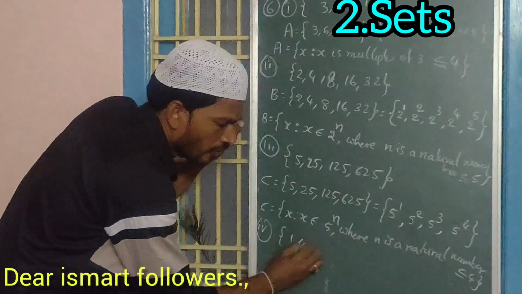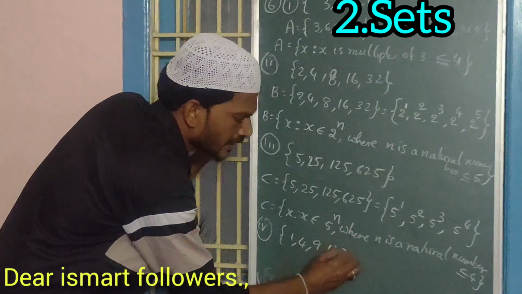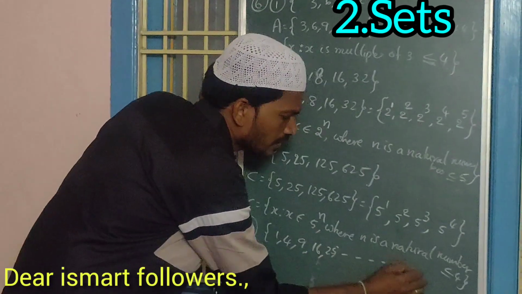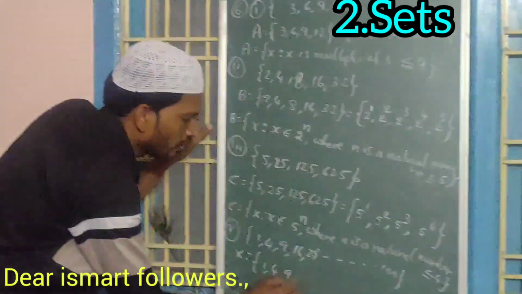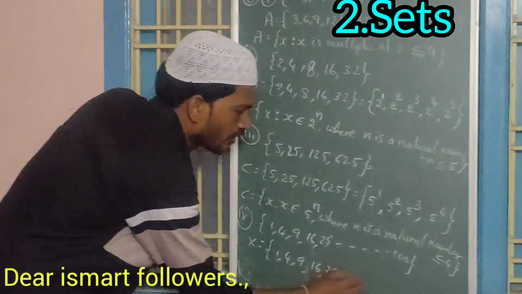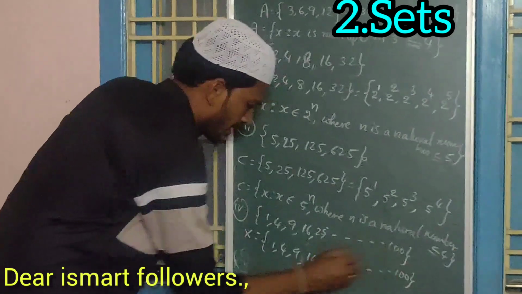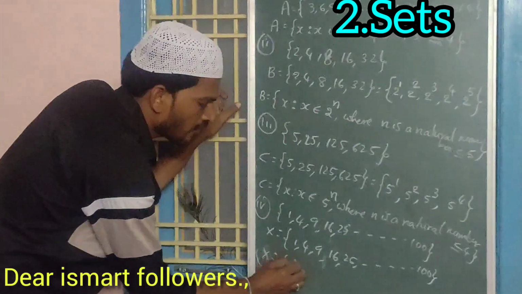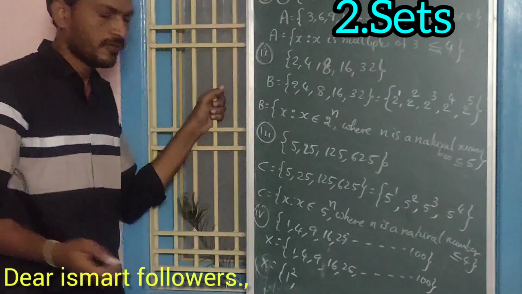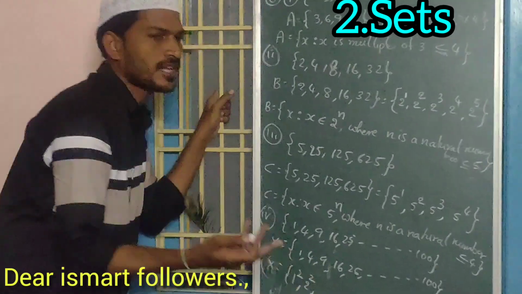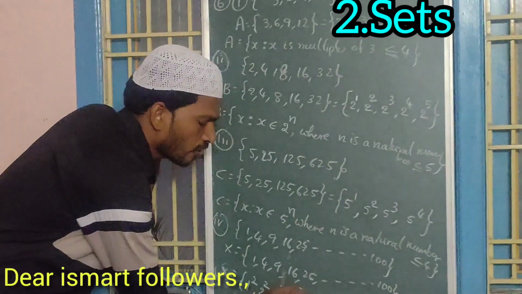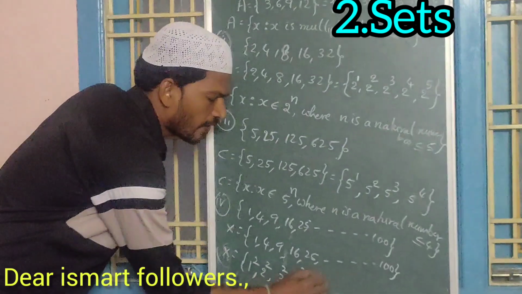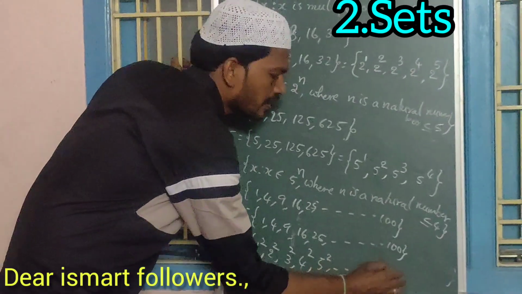1, 4, 9, 16, 25 and so on up to 100. This one can be written as 1 means 1 square, 1 1 is 1. 4 means 2 square, 2 2 is 4. 9 means 3 square, 3 3 is 9. Then 4 square, 5 square, and so on up to 10 square.